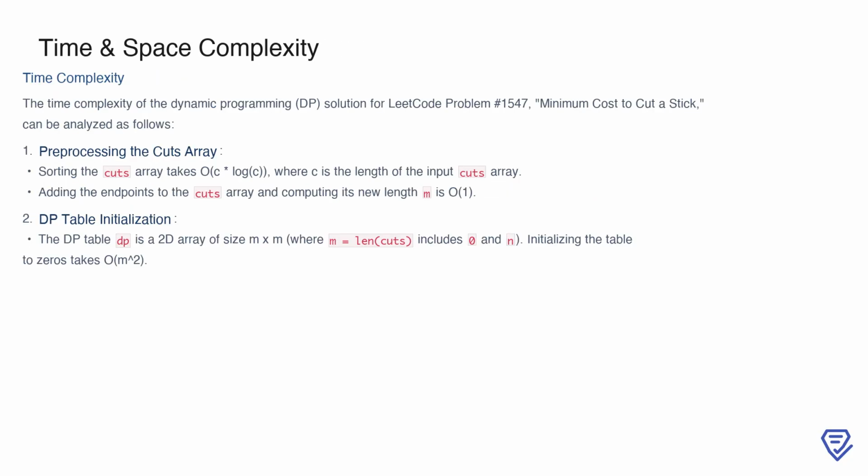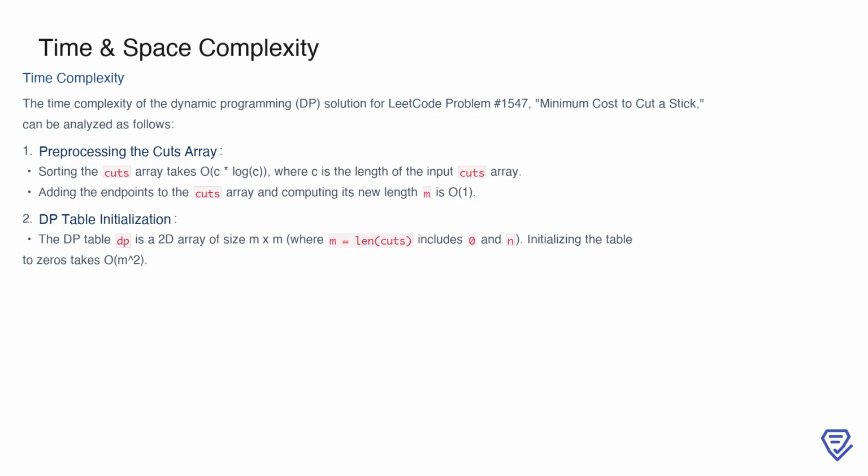To analyze the time complexity of our dynamic programming solution for the minimum cost to cut a stick problem, we start by considering the pre-processing step. First, we sort the input cuts array, which takes O(C log C) time, where C is the number of cuts provided in the input. Then, we add the two endpoints, 0 and n, to the cuts array.